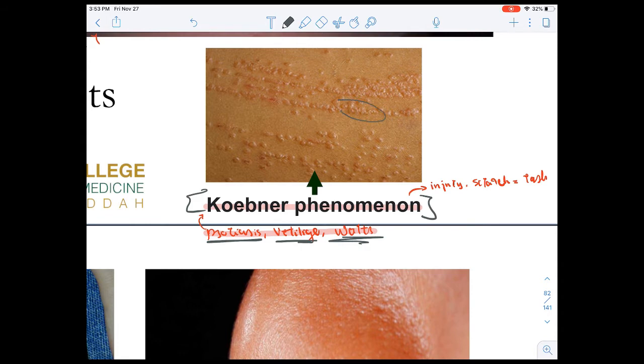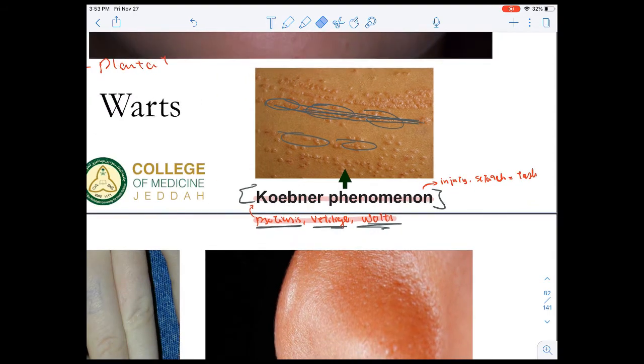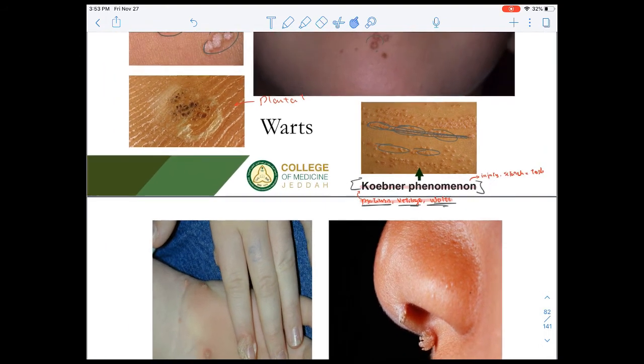So if you have an injury and you would scratch that injury, or for example, if you would scratch the lesion by yourself, or you would have an injury that would result in the scratching of the lesion, you would have a rash that would go along the surface, right? It will be more of a parallel rash to the surface that has been compromised.